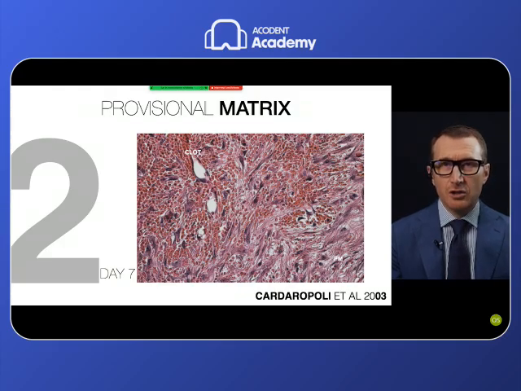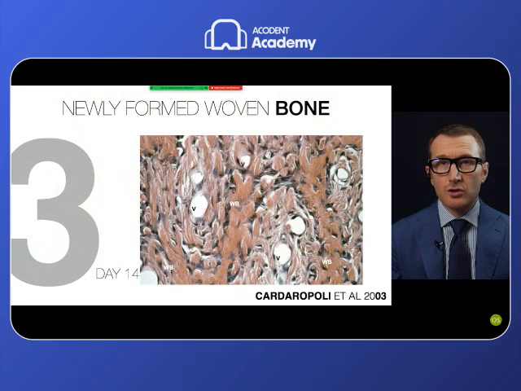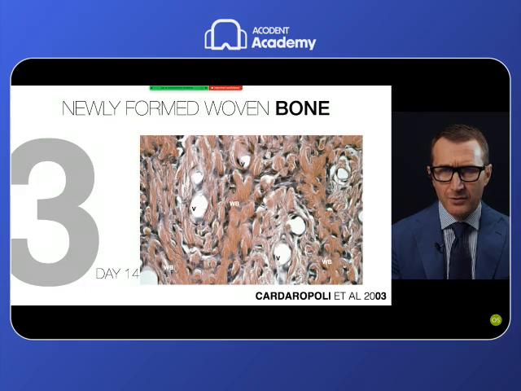This provisional matrix is going to be the framework for the ossification, and this ossification is called woven bone formation. And it's woven bone because the collagen fibers that are going to be embedded in the calcification process are randomly placed, because those fibers are related to the provisional matrix.